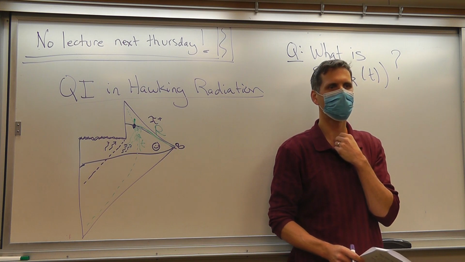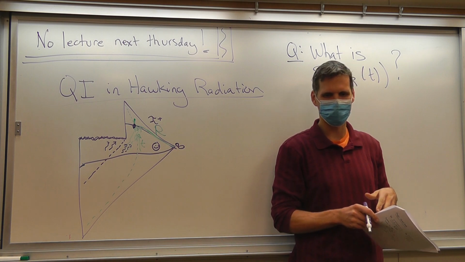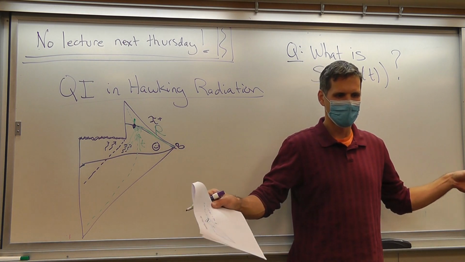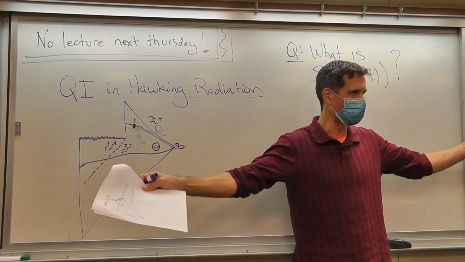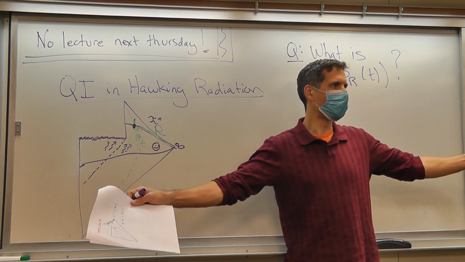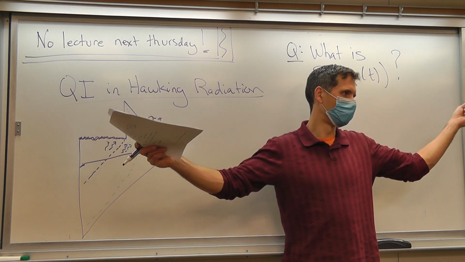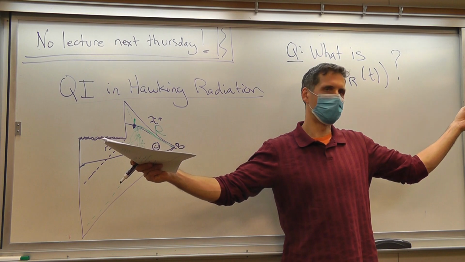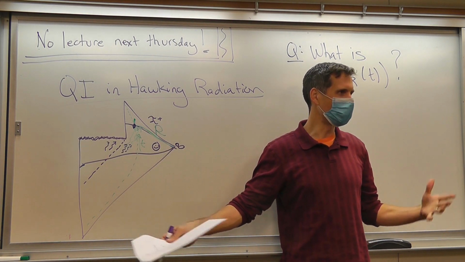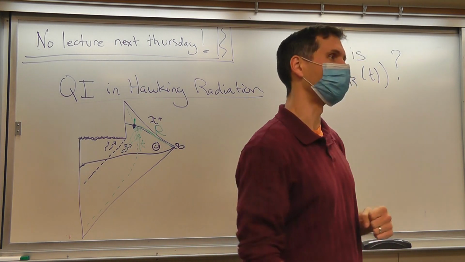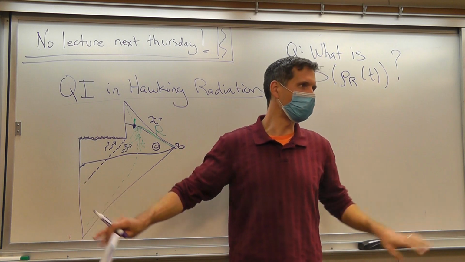We don't actually have to take it to be the whole space. In fact, we can take R to be something that starts like 100 miles from the black hole, and then we just look at that as a function of T. Now, if it's not all of space, we don't expect it to be pure, but we can still ask what is its fine-grained entropy, and in fact, even looking at that region far away will be enough to see a problem.